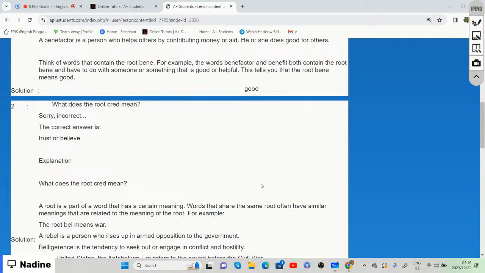And the root word cred means to trust or believe.